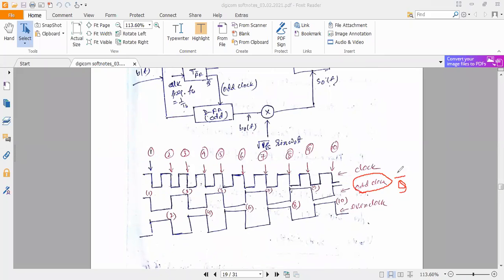We are getting the output from the T flip-flop, that is Q bar, and this is Q. So this clock, the lower one, is applied to the upper D flip-flop, and this is applied to the lower D flip-flop. Hence, see here, this is the first negative-going pulse, that means this is the first active edge. And where did the second active edge come? It came in Q. So that means now it activates the even D flip-flop.